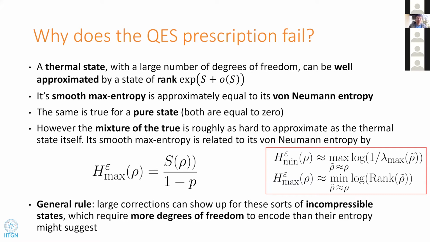So these incompressible states, if you want to encode them and send them to someone, then they need a lot more degrees of freedom to successfully send it than the entropy of the state might suggest. It's a lot more than the dimension. You need a Hilbert space that has a much larger dimension than e to the S.